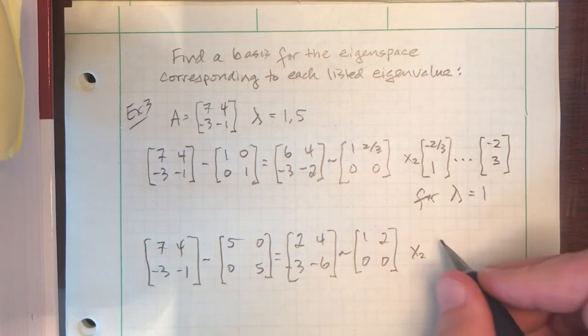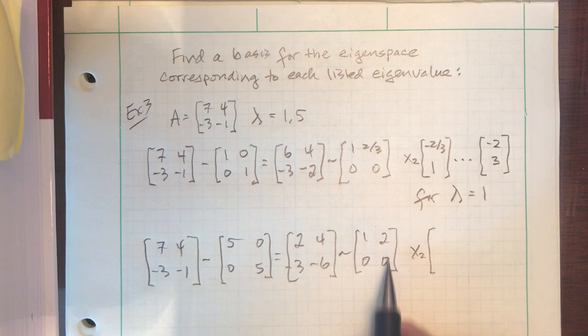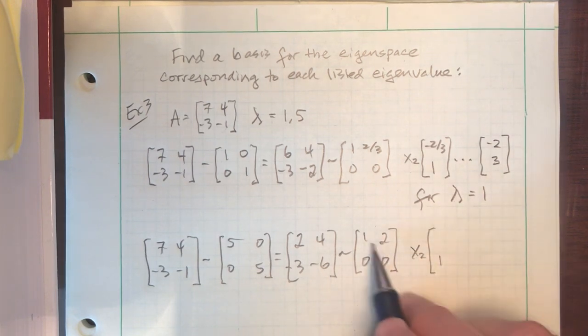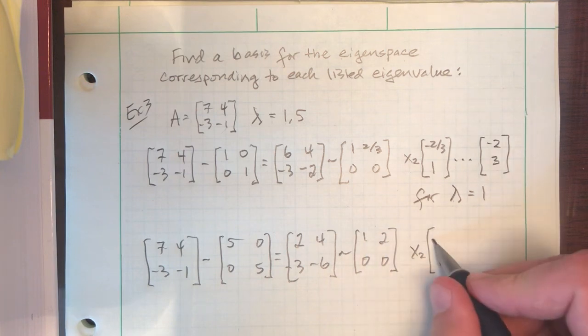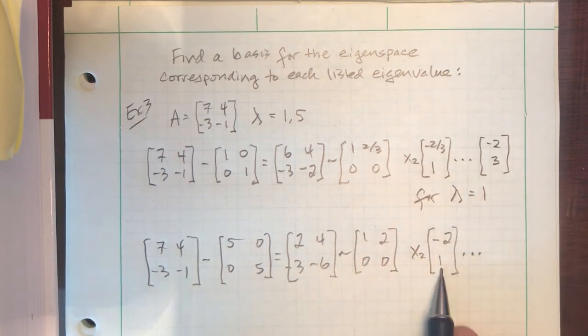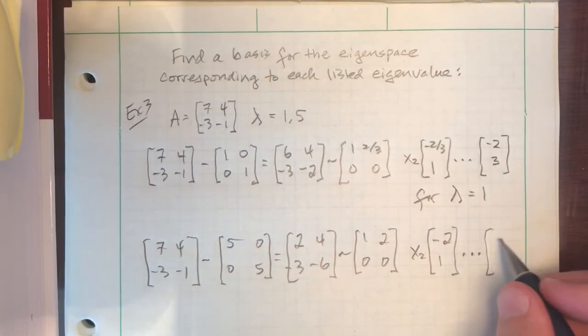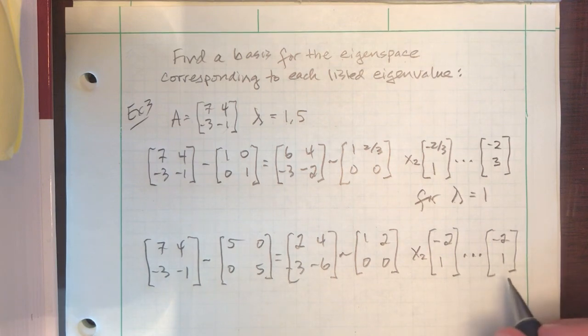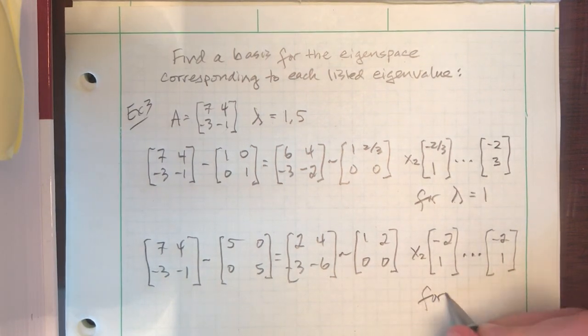That gives me another free variable at x2, which puts a 1 down in that spot. Solving for x1 on top will give me negative 2. And this time I'm okay with that. No fractions to clean up, so we would just leave it. Negative 2, 1 is a basis for the eigenspace associated with lambda equals 5.